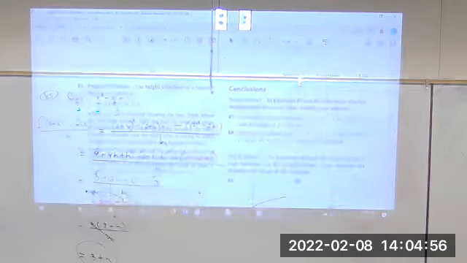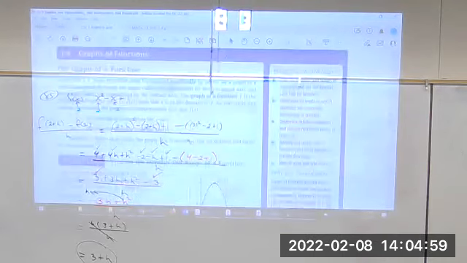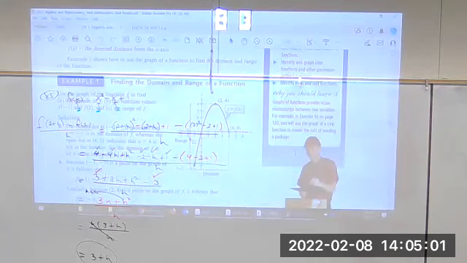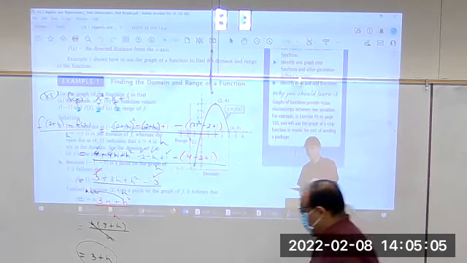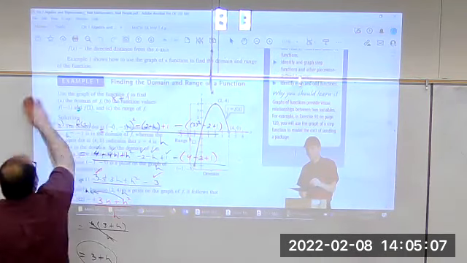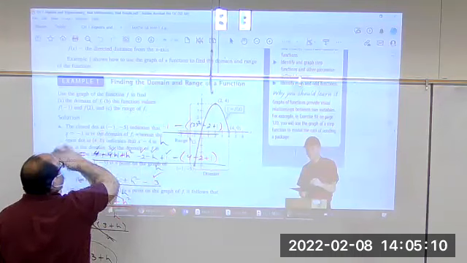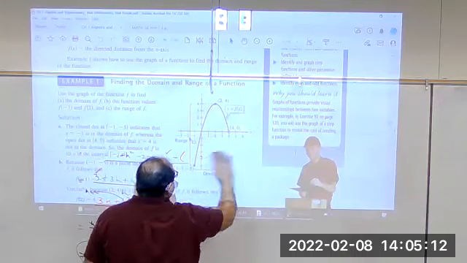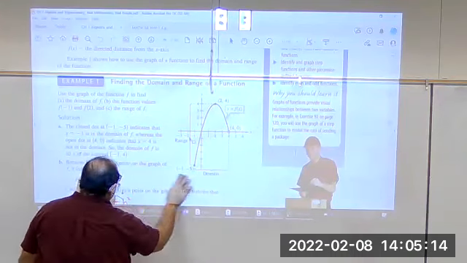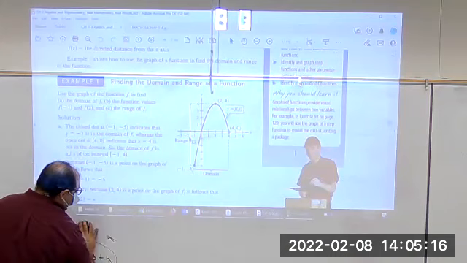Okay, 1-4 is dealing with graphs, but it's also dealing with, more importantly, the words involved with a graph. The information about graphs. What do graphs tell us? So it's not necessarily graphing, but what do graphs tell us? What do they mean to us? How do we use graphs?